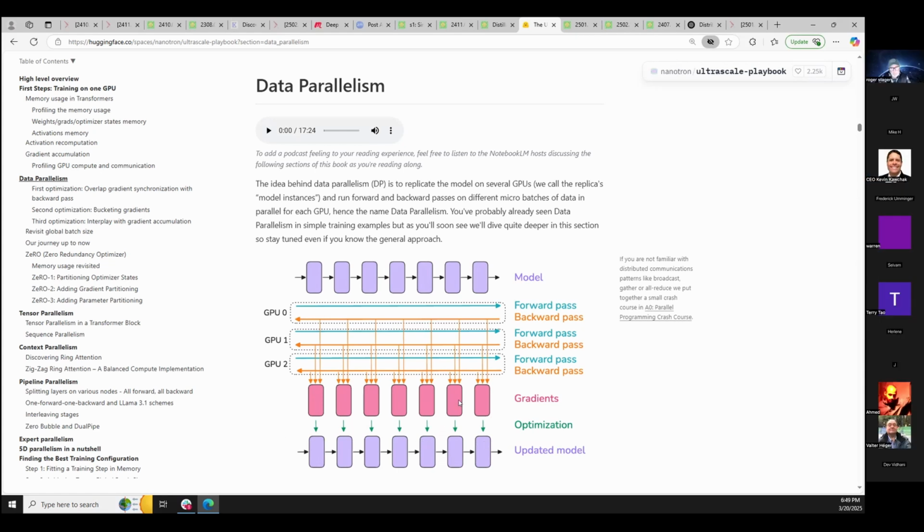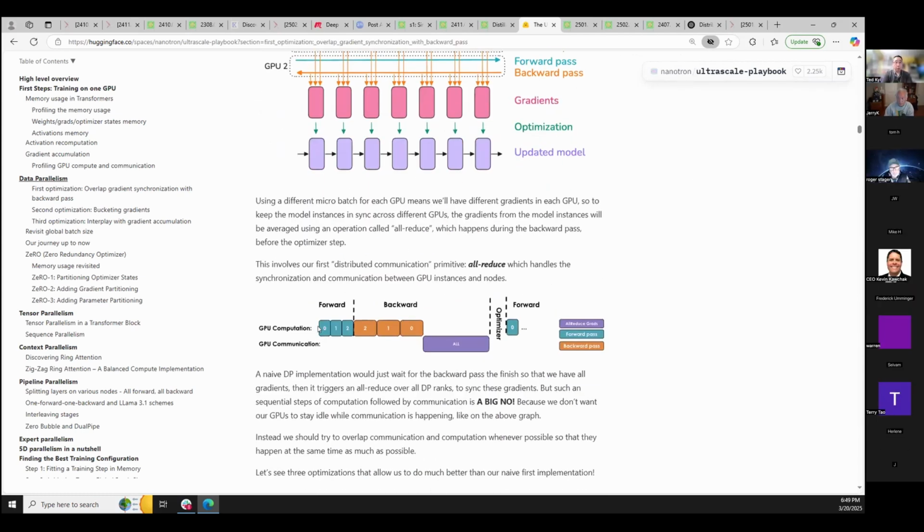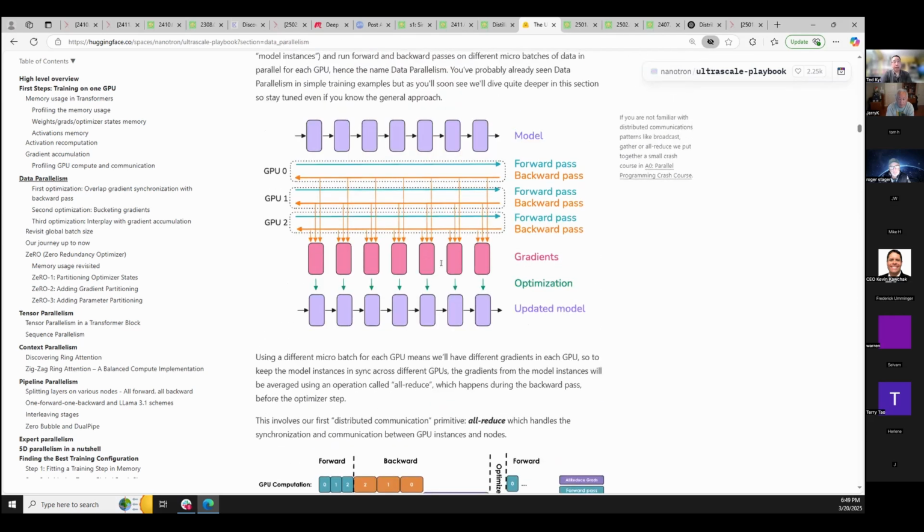Okay. And naively, you might just do this where you say, let's do all the forward and backward passes and then do a bunch of communication. But what you can do is overlap this communication. So we're not going to cover all of that in the same detail today, but that's the gist.